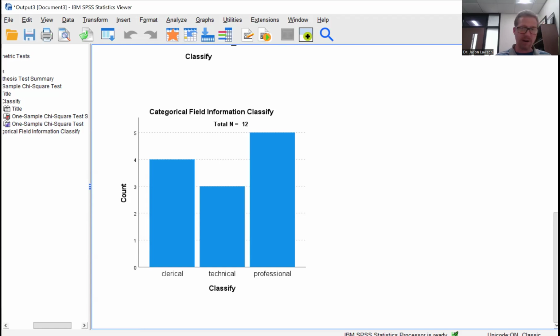It shows you here how you would write your chi-squared. The observed distribution did not vary significantly from the hypothesized values. Again, the p-value was greater than 0.05, so there's no significant difference between what's observed and what was expected. All right, I hope that makes sense.